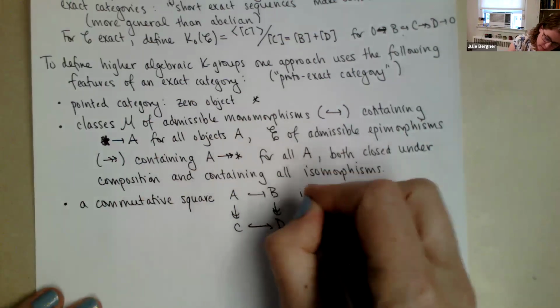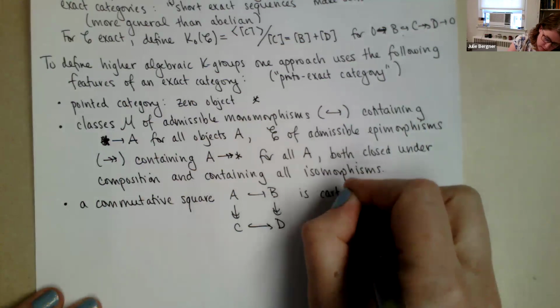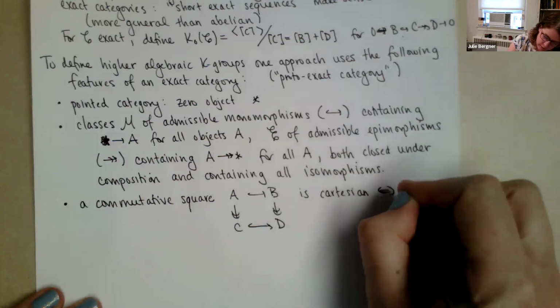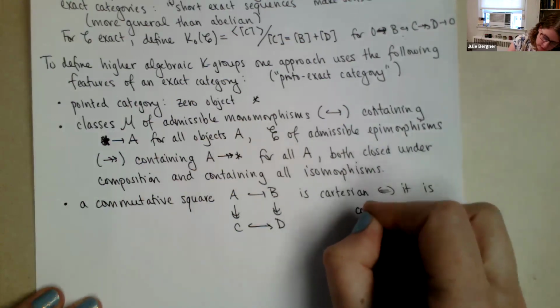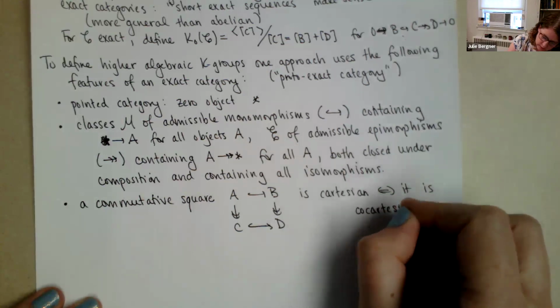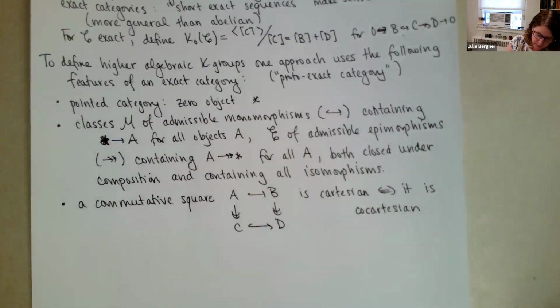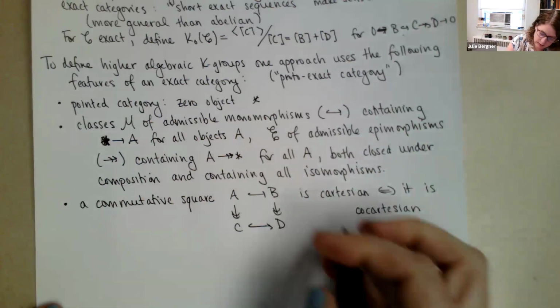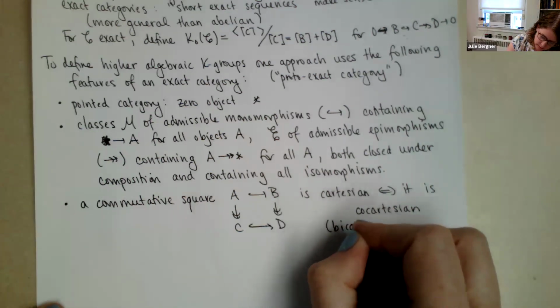And this is going to be Cartesian if and only if it is co-Cartesian. So it's a pullback square if and only if it's a push-out square. These agree, and so we call this bicartesian.